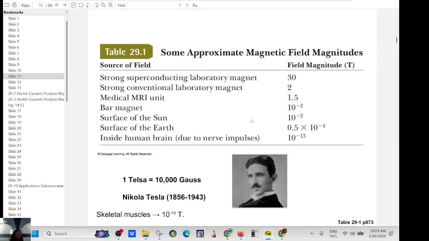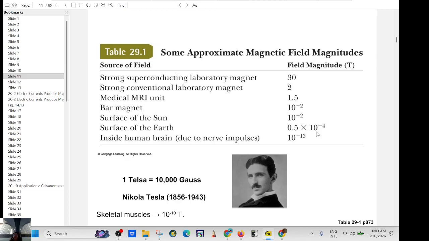The unit for magnetic field is the Tesla. So the magnetic field of the Earth is very weak, but it's still enough to protect us. It is 0.5 times 10 to the negative 4 Tesla. Or you could say that 1 Tesla is a very, very strong magnetic field.